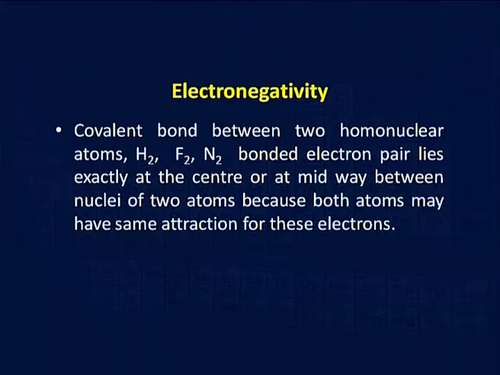since the two atoms are similar, the electron pair shared between them lies exactly at the center, midway between the nuclei of the two atoms, because both atoms have the same attraction for the electrons, and the forces of attraction exerted by the nuclei on the shared electrons are the same.